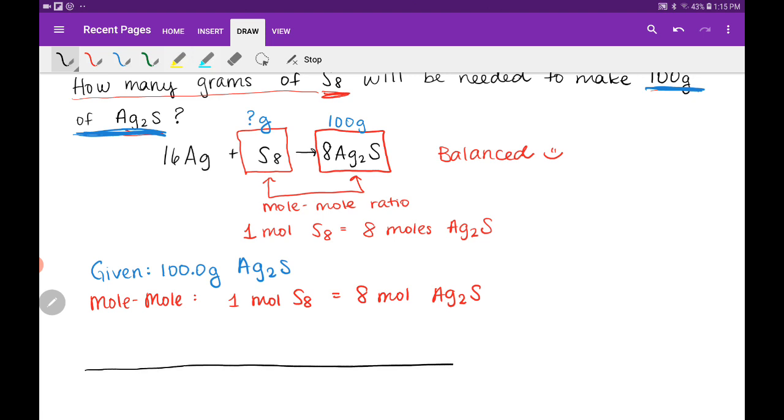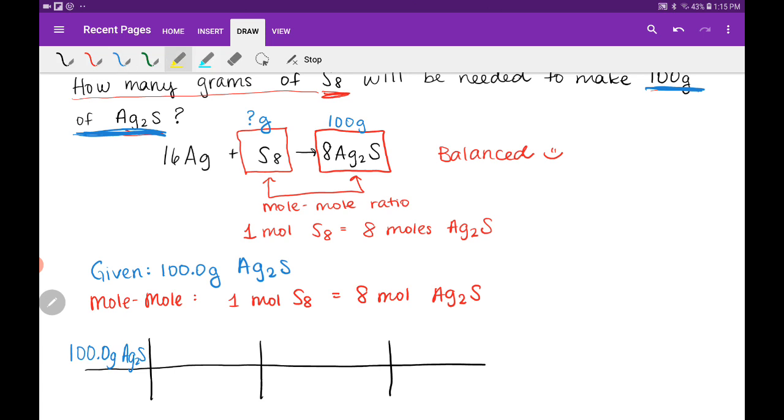And the way that we're going to set up our ladder every single time is, the most steps that you would need in a stoichiometry problem is 3. So in this first spot right here, that's where the given goes. So I'm going to go ahead and erase that, and I'm going to write our given right there. That's the 100.0 grams of Ag2S.